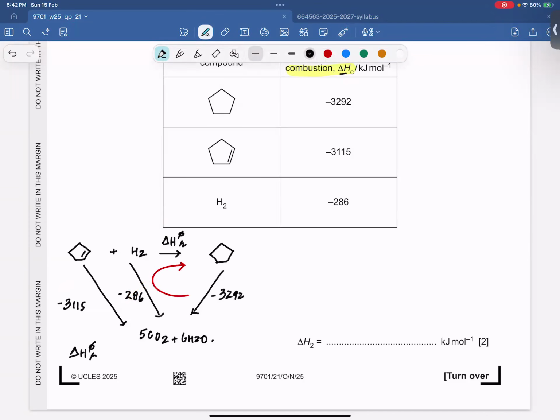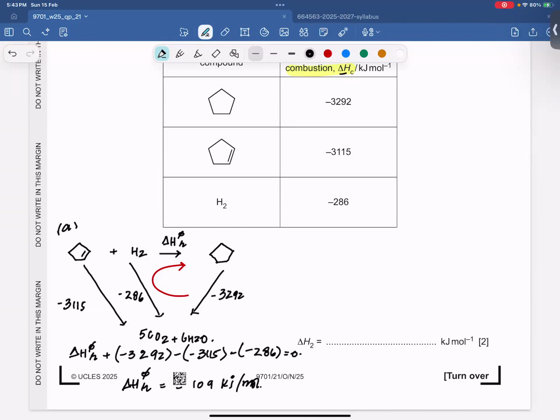Enthalpy change of reaction minus 3,292 minus 3,115 minus 286 equals 0. So the enthalpy change of reaction is going to be minus 109 kilojoules per mole. So that's one part of the question.